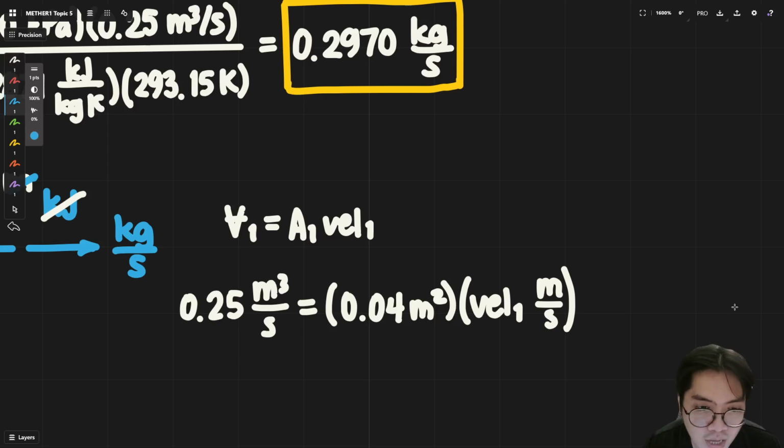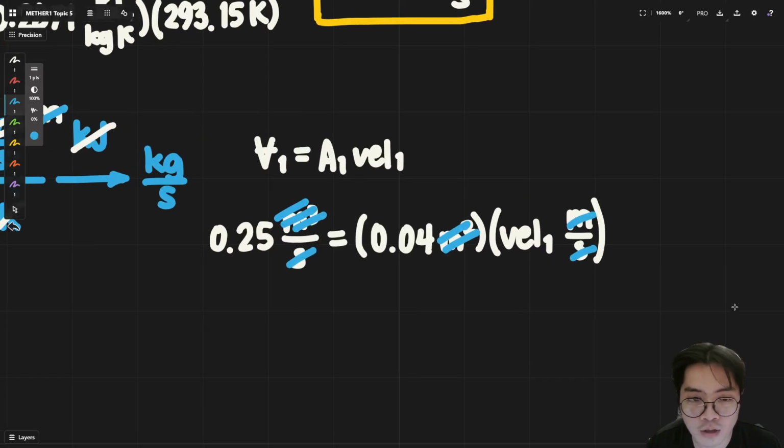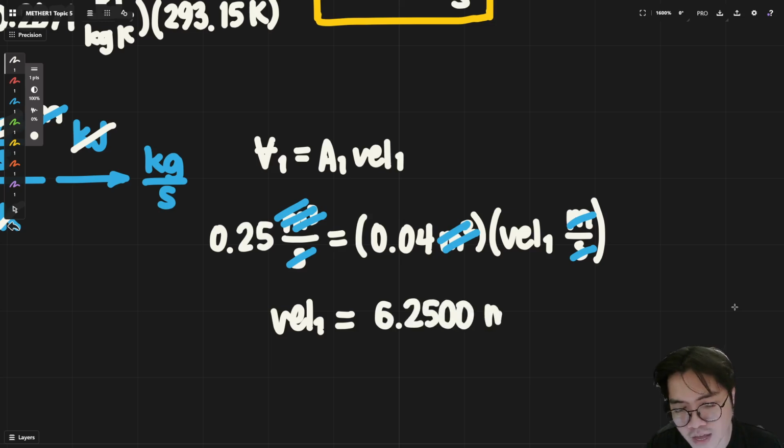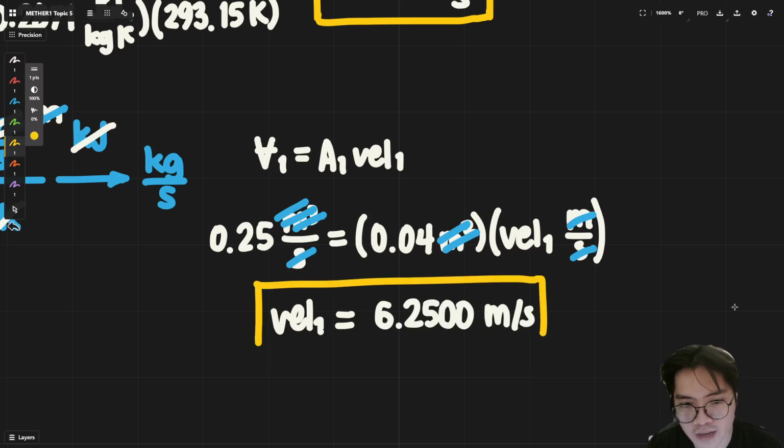Look, there are 3 copies of m in here, there are 3 as well in here. So cancel everything. And then there's a per second in here as well. So you can get your vel1 in here. And I remember this. This is 6.25, right? 6.25 meters per second. That is your vel1.